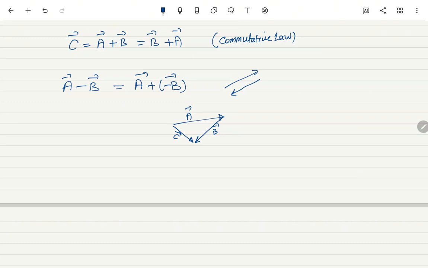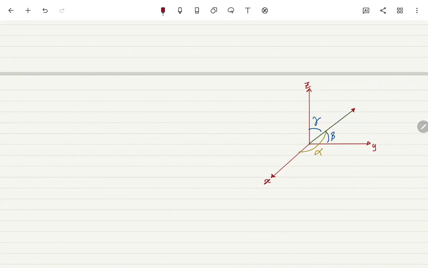One important note here: the geometrical representation of a vector does not depend upon any coordinate system. So let's have this situation here. If this one here is vector A, which has three components, one on x, one on y and one on z. In this case, the angle with the x-axis is alpha, the angle with the y-axis is beta, and the angle with z is gamma.